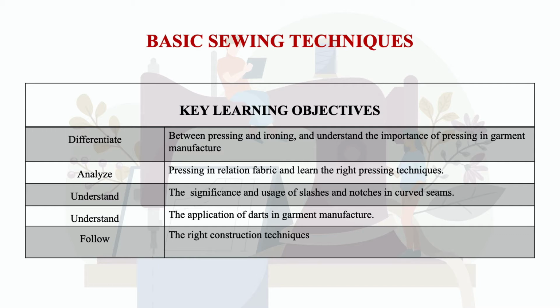You can understand the application of darts in garment manufacture, why darts are very important, and that for every type of garment we use different types of darts. And lastly, you can follow the right construction techniques. In this unit we have discussed all the techniques and construction methods, how you will develop the darts, the seam and the pressing process.